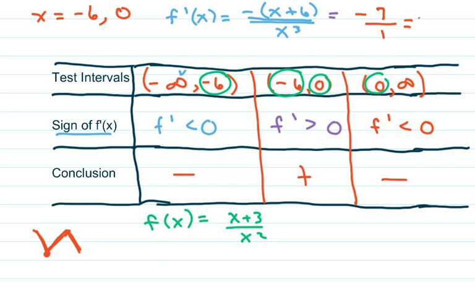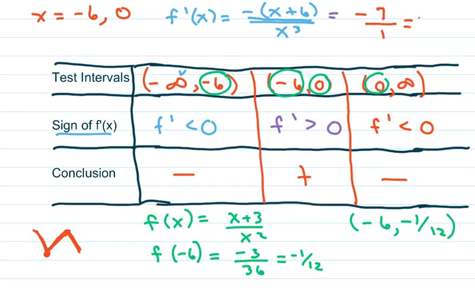So when I plug in a negative 6, I'm going to get negative 6 plus 3, which is negative 3, over 36, which equals negative 1/12. Now, so when we have negative 6, we're at negative 1/12. That means that's a relative minimum.